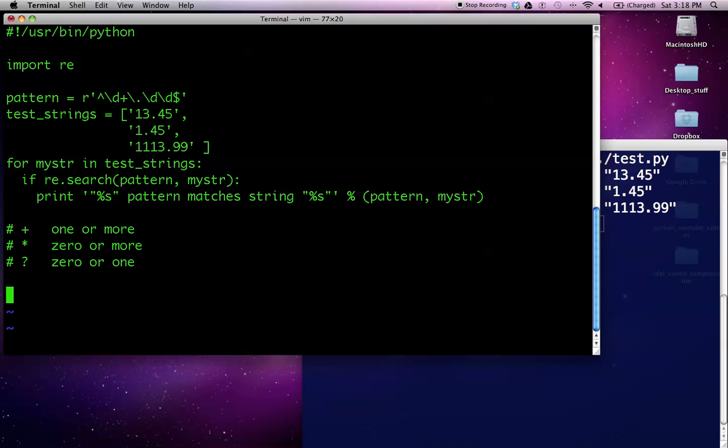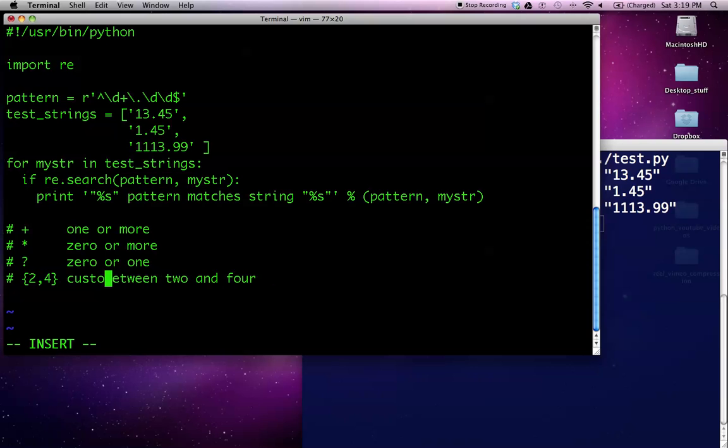Now these quantifiers are used all the time. The last one I'll show you is the custom quantifier, where we can specify the upper and lower bound, between 2 and 4. You can say custom between 2 and 4.